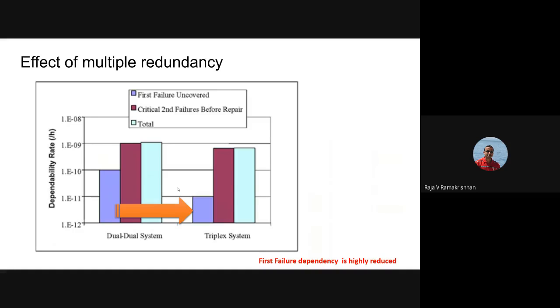Now, the effect of multiple redundancy: as you increase from a dual system to a triple redundancy, the dependency on the first failure, meaning the reduction in performance after a first failure, is much reduced. Having a single point failure then causes no issues to the driver.